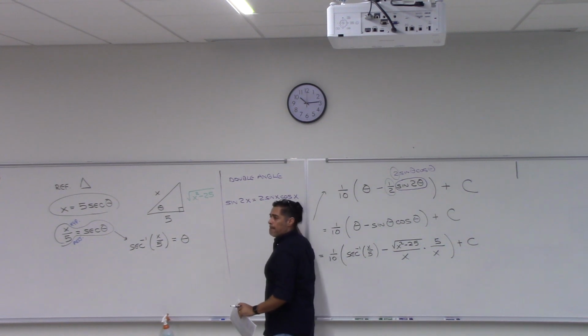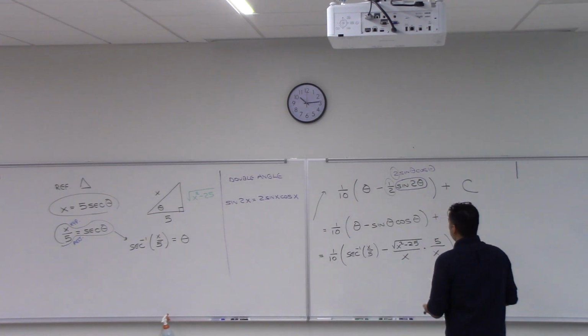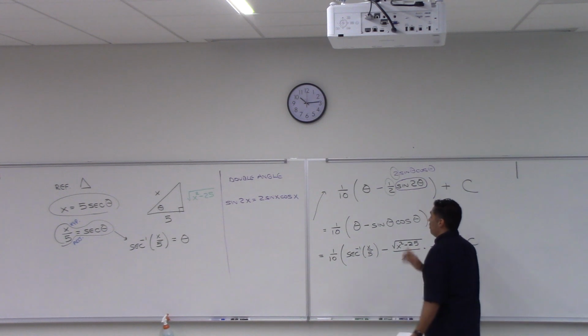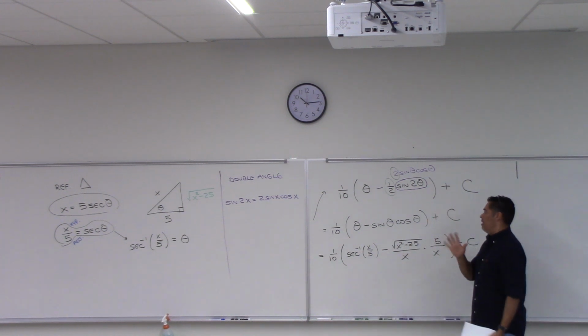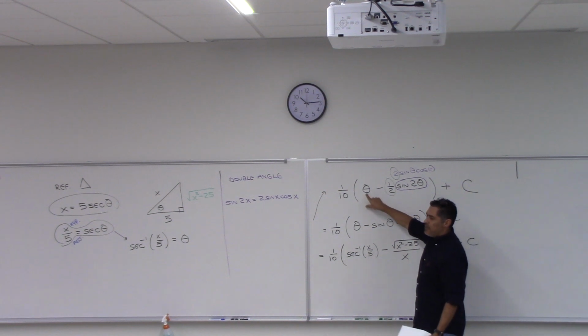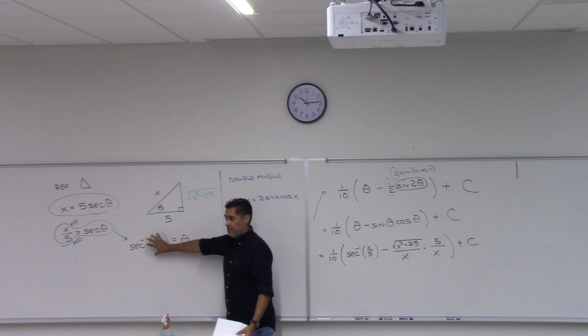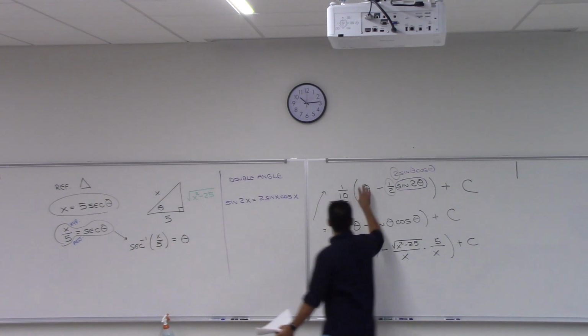Could you plug the arc secant in where it says sine 2 theta to replace the theta? Okay, so yes and no. What I'm being asked is, can you just solve for theta here, and then plug that answer in right here.